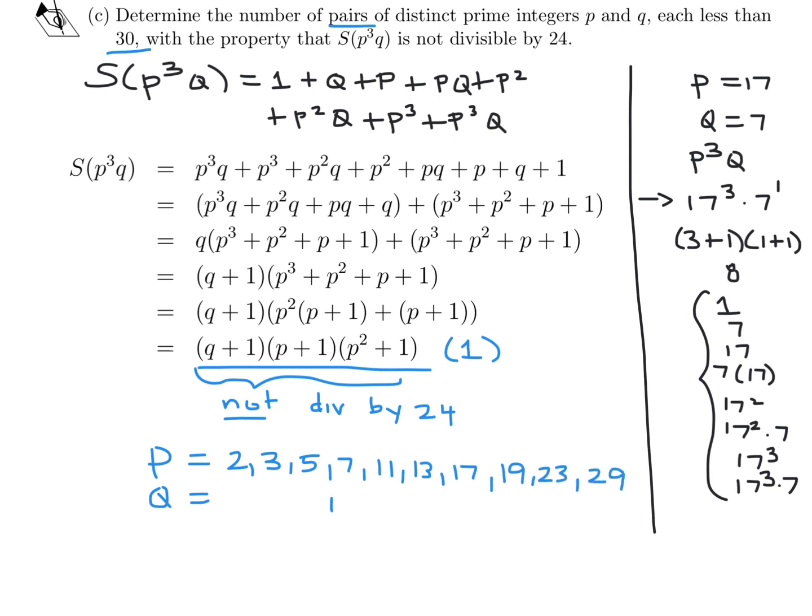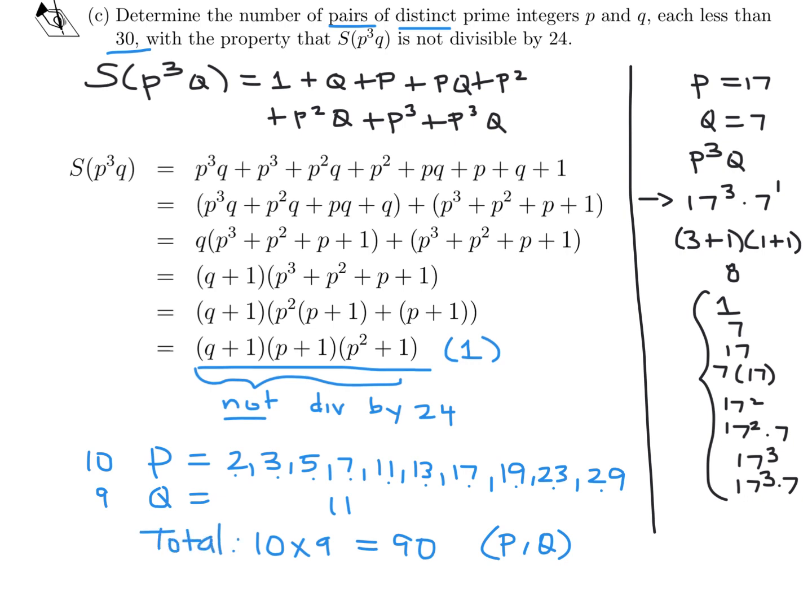And the same story holds true for Q. So that's 1, 2, 3, 4, 5, 6, 7, 8, 9, 10. So for P, we have 10 choices. And for Q, are they distinct? They're distinct, so Q cannot be the same as P. So if we have 10 choices for P, we would have a remaining 9 choices for Q. So in total, the number of pairs would be 90 of the form PQ. So that's the total.